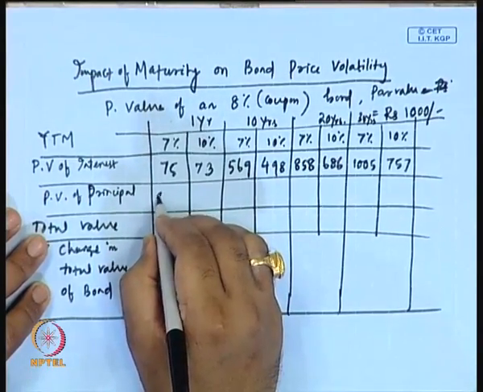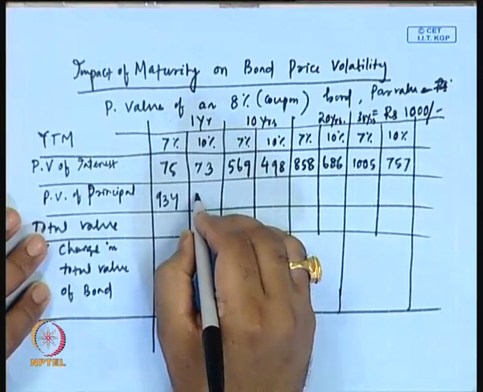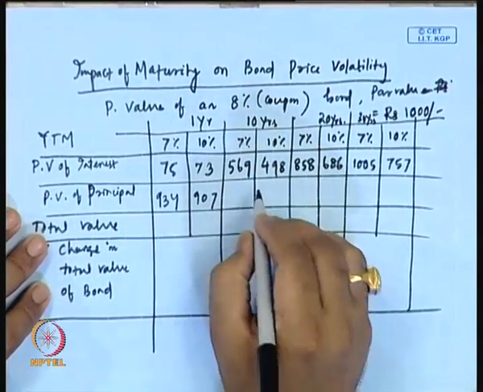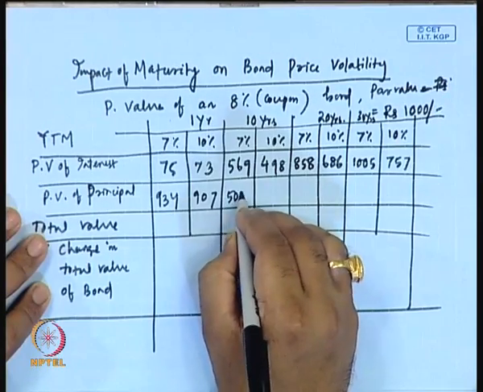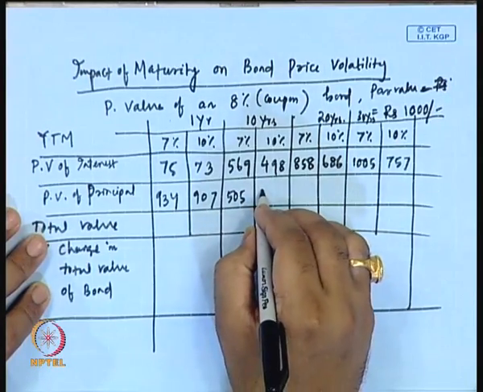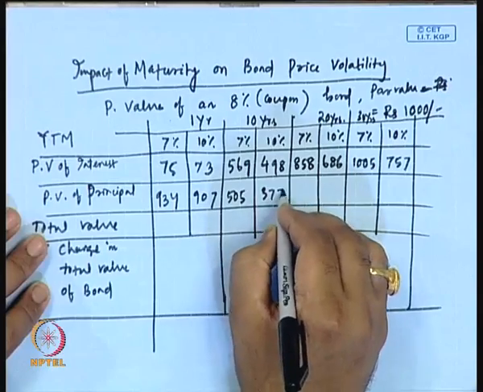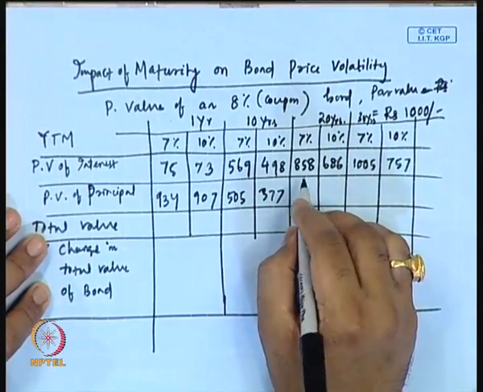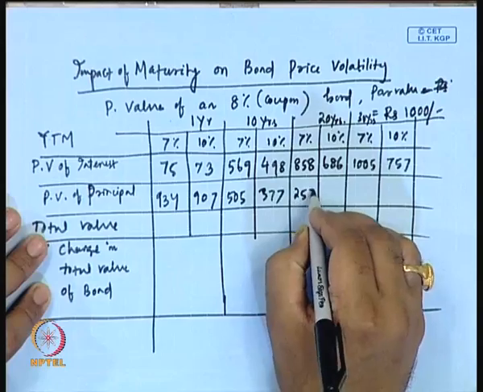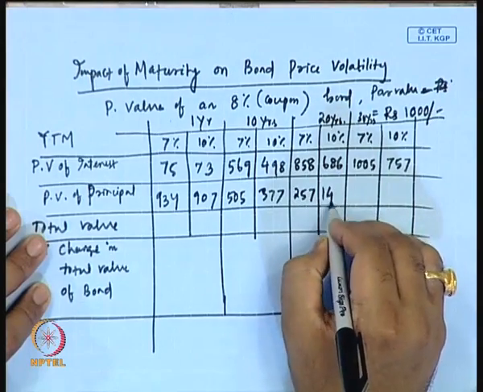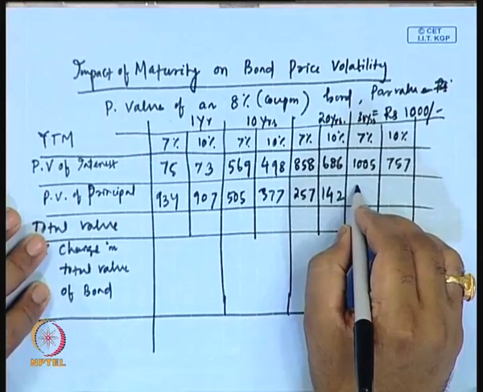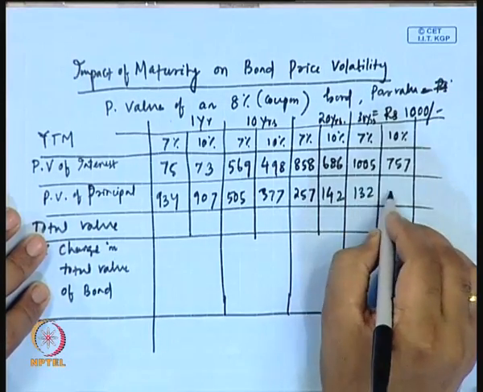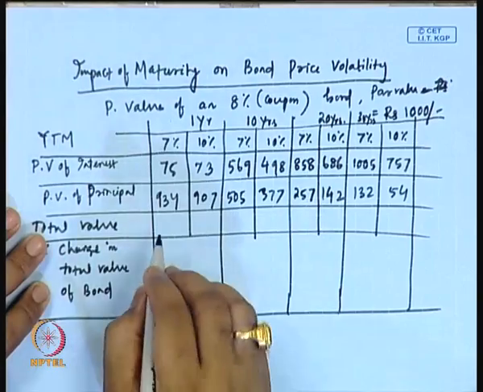If you discount it, it will be 934 at 7% for the 1 year case, and 907 at 10%. For 10 years, if you discount it, it is 505 at 7% and 377 at 10%. For 20 years it is 257 at 7%, 142 at 10%, here it is 132 and here it is 54.